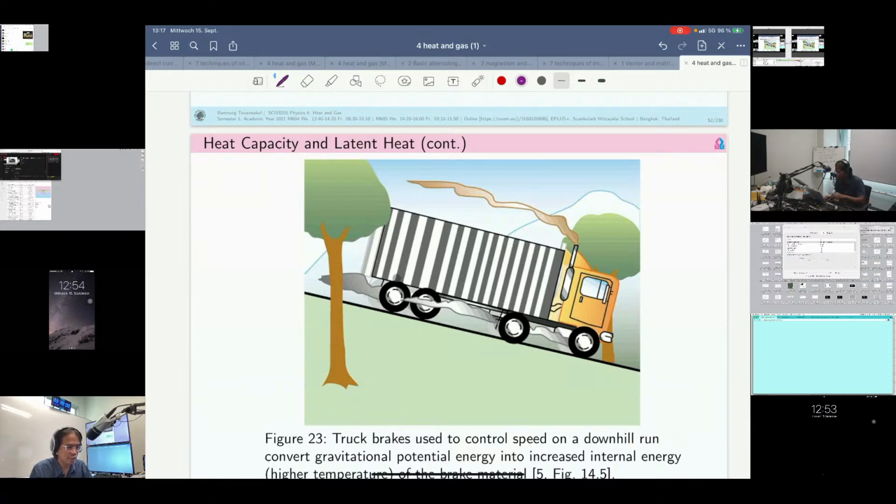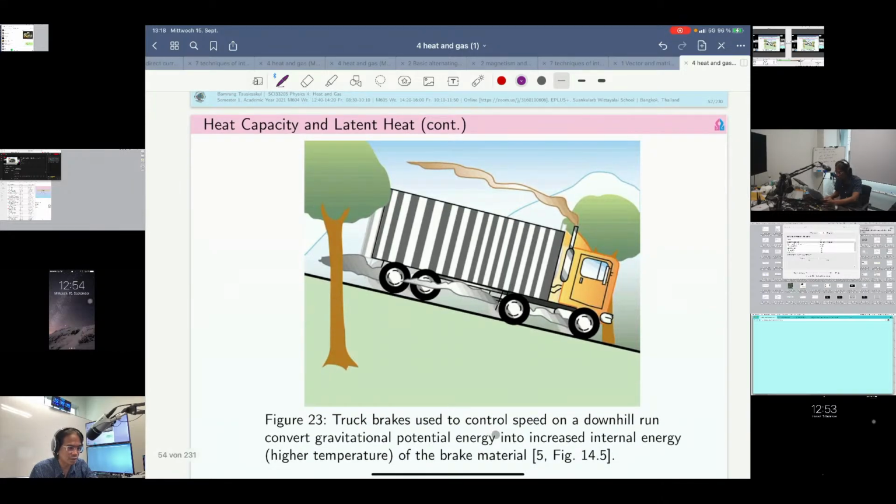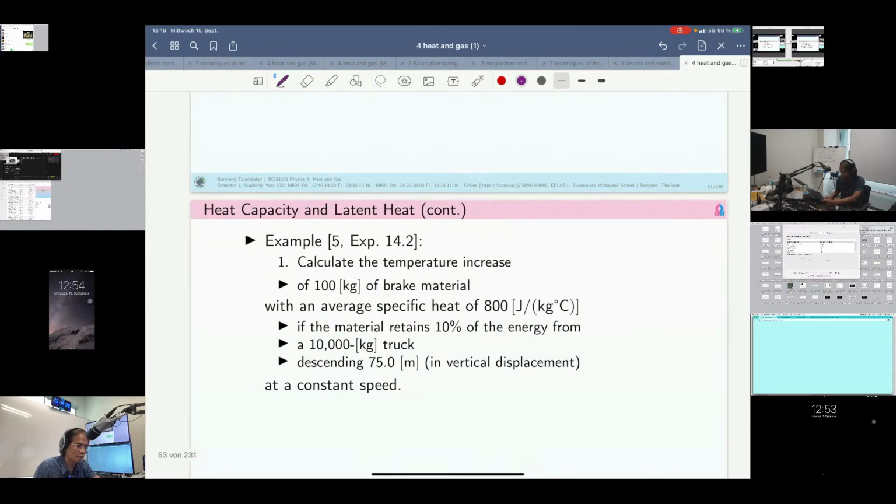Okay, the truck goes down a downhill run and converts gravitational potential energy into increased heat, or increased internal energy, of the brake material inside the wheels here. There are like 20 wheels or 16 wheels, but they didn't say the number of wheels in that truck.